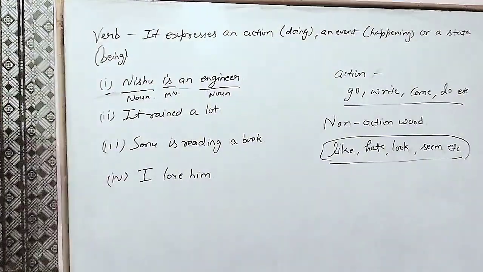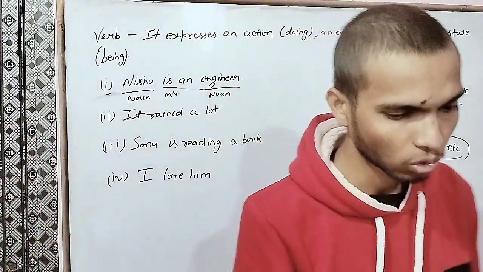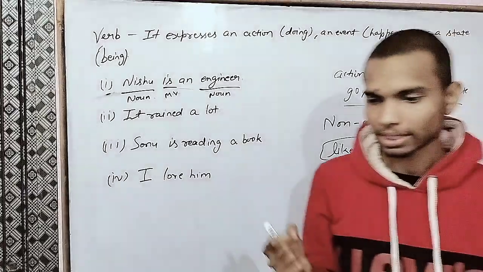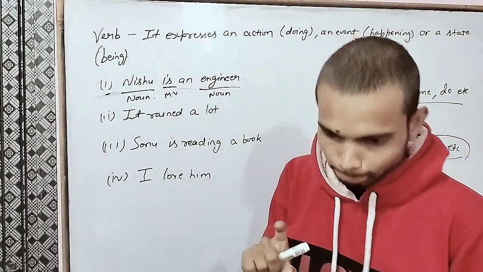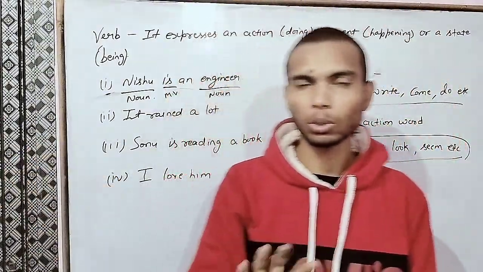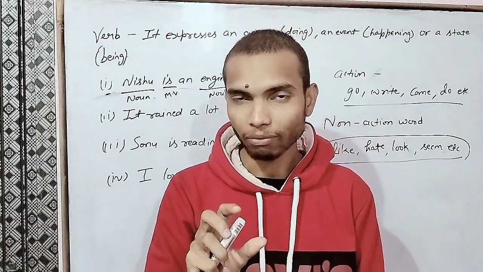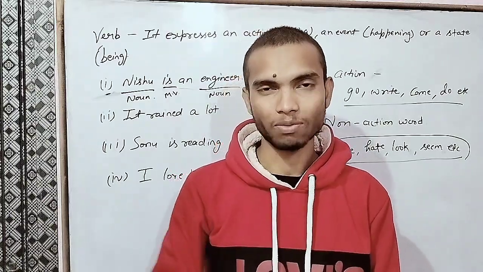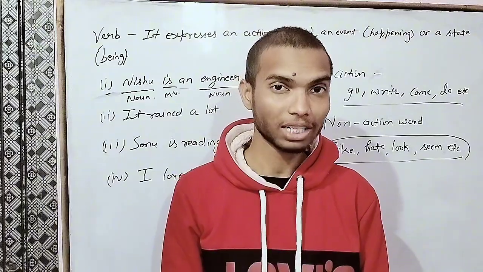Here, Nishu is an engineer. The sentence is the same: Nishu is an engineer. Nishu is not doing anything. Nishu is not doing a physical activity. From which we can say this is not an action word.